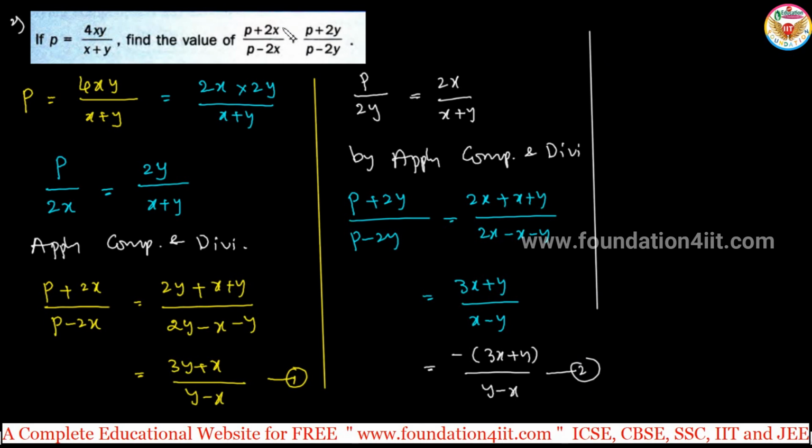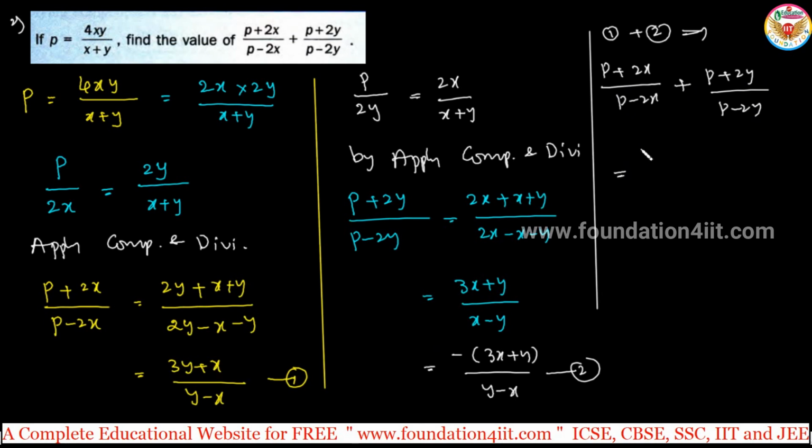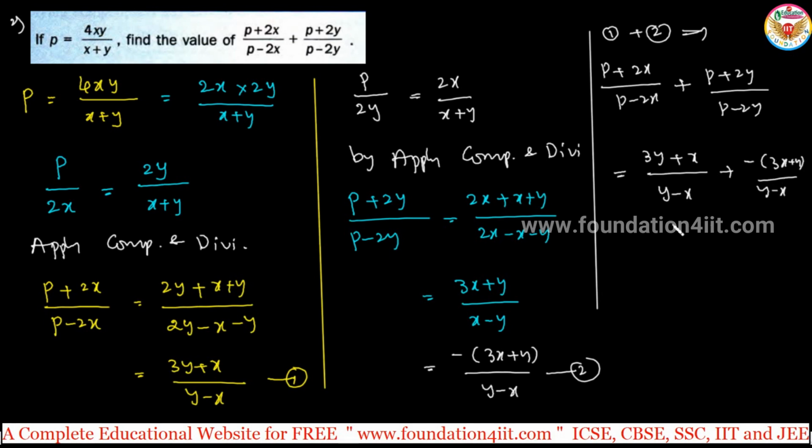So we are supposed to find this value. LHS means first equation plus second equation: p plus 2x by p minus 2x plus p plus 2y by p minus 2y. That is equal to the RHS, which you can add: 3y plus x by y minus x plus minus of 3x plus y by y minus x.